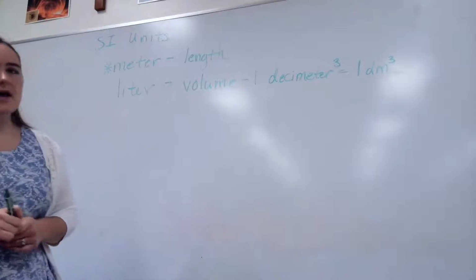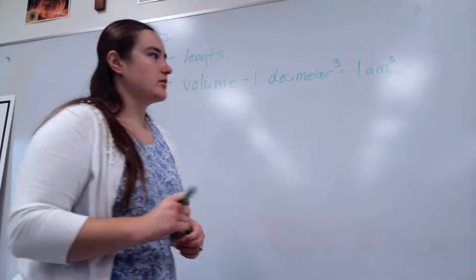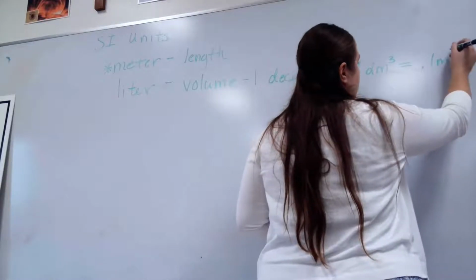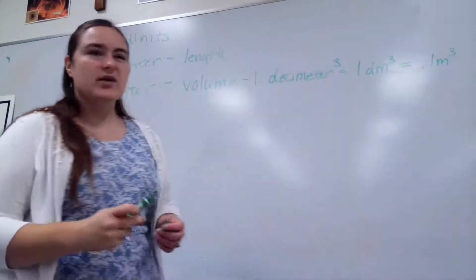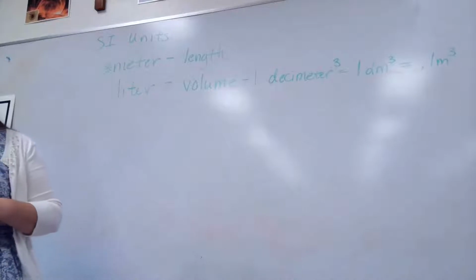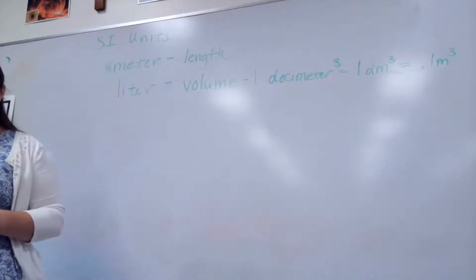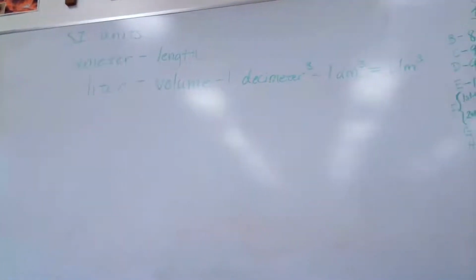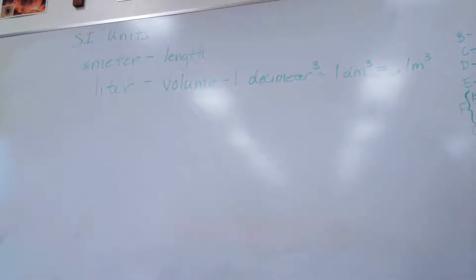We could write it as 1/10 of a meter cubed. So 0.1 meters cubed. We could write it that way too. Good? Any questions? No? Okay. Alrighty. So we've got our volume. What else?